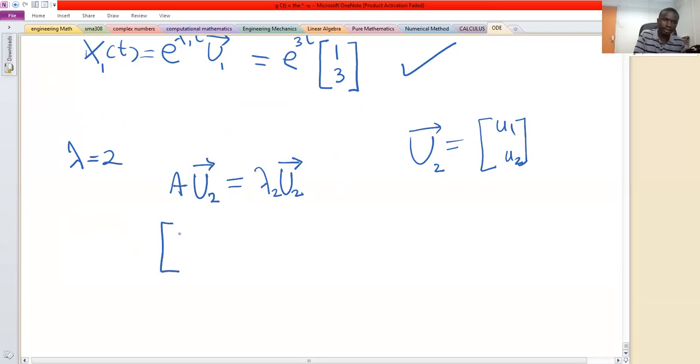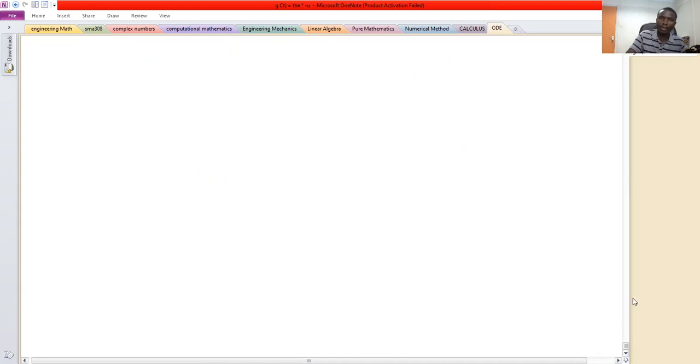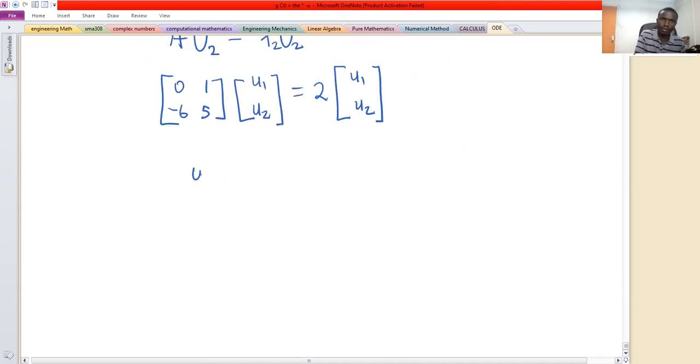So the matrix A is 0, 1, minus 6, and 5, and then we have u1, u2, and then 2 times u1, u2. When you multiply, we get u2, and then minus 6 u1 plus 5 u2 equals 2 u1, 2 u2.